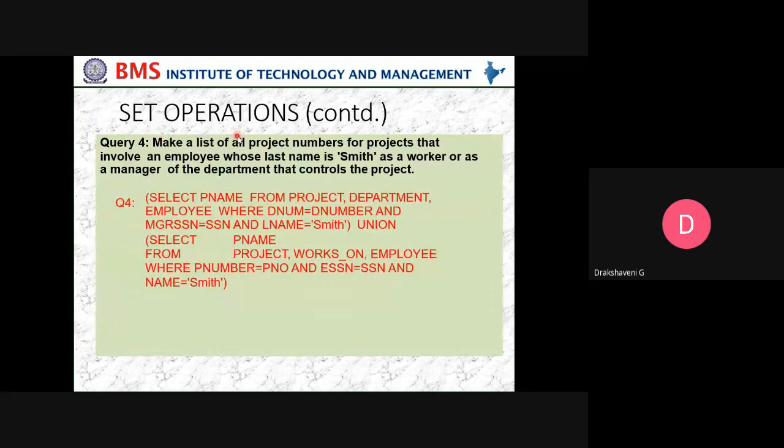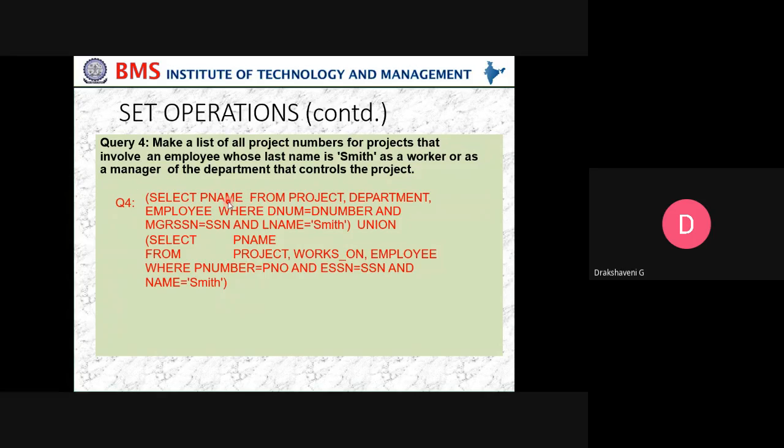So let us see a set operation. Make a list of all project numbers of projects that involve an employee whose last name is Smith, either as a worker or as a manager of the department that controls the project.